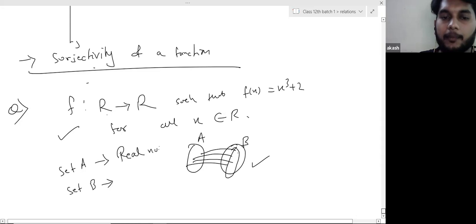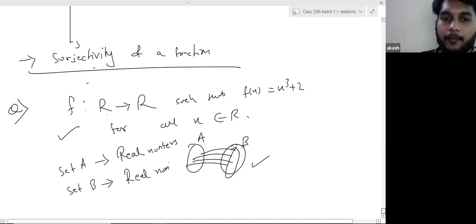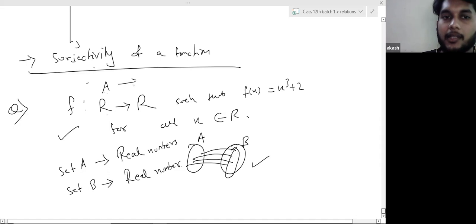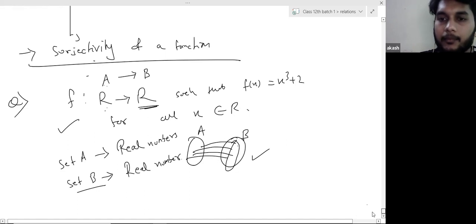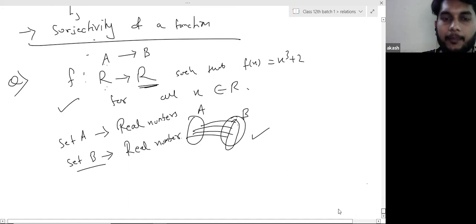And what is set B? Same, sir. Real numbers again. Absolutely right. How did he say this? Because here, this is R to R. Always a function is written as set A to B. So this latter one is set B. The first one is set A. Alani, this is clear? Yes, sir. Kulsum, Ronaldo, this is clear?